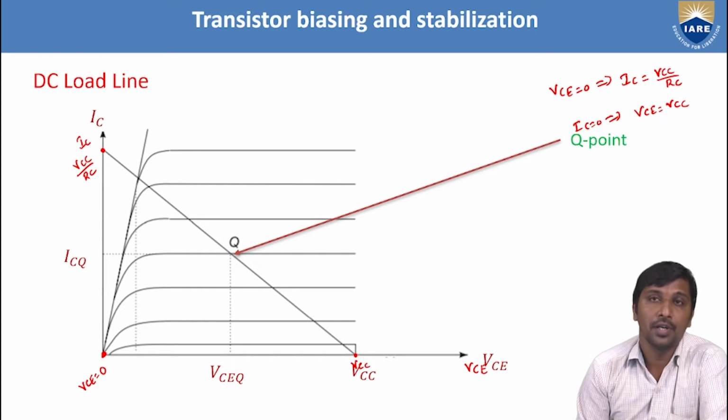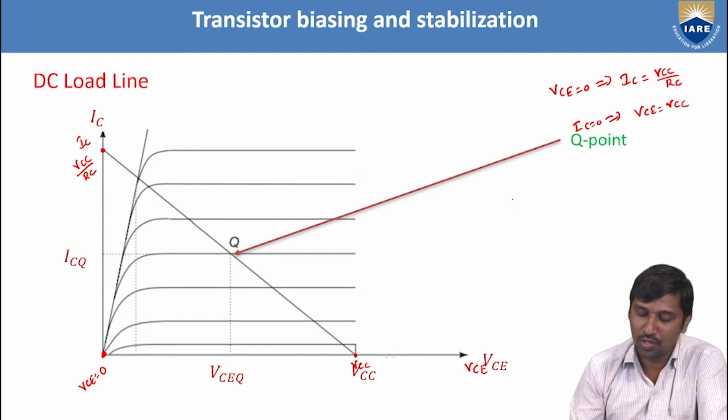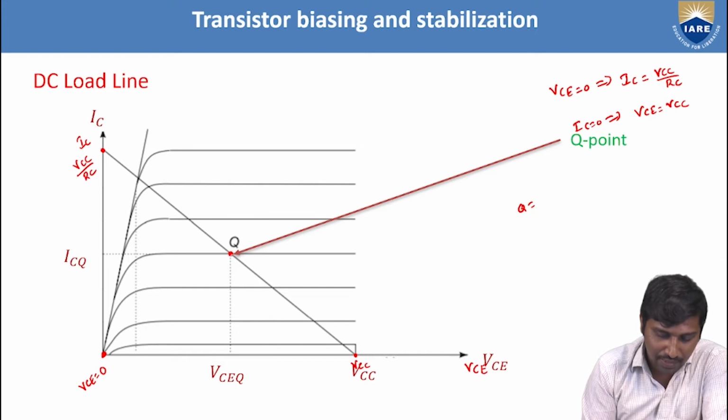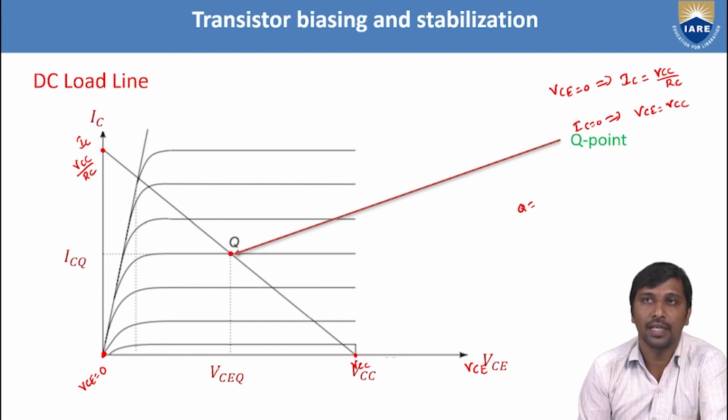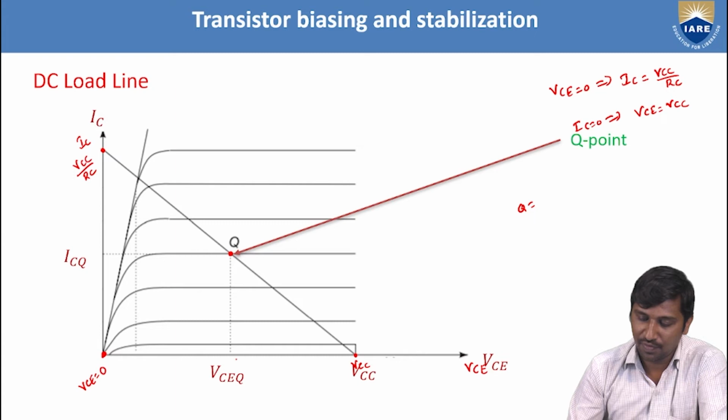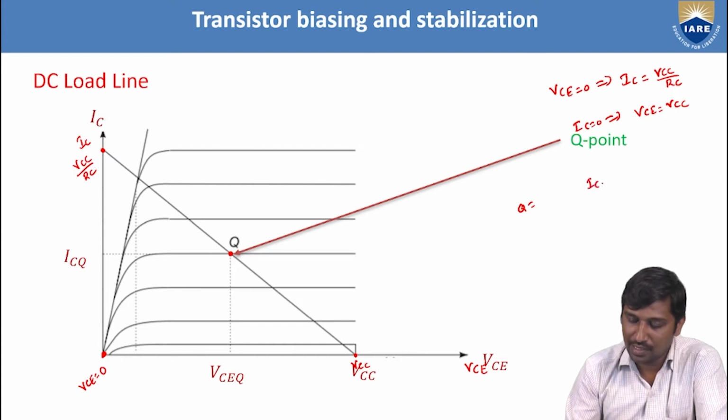And then how are we going to take the Q point? The Q point is always the center of the DC load line. Hence, we represent the center of the DC load line as the Q point. So ICQ is half of the IC value, and VCEQ is also half of the VCE value.